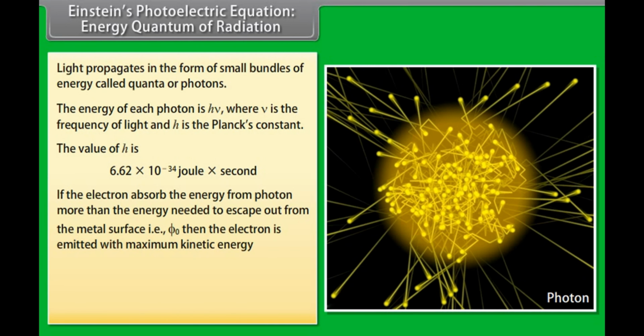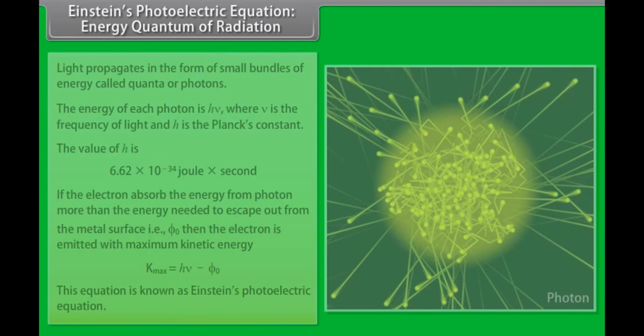If the electron absorbs energy from a photon more than the energy needed to escape from the metal surface, that is phi0, then the electron is emitted with maximum kinetic energy Kmax, which is equal to h nu minus phi0. This equation is known as Einstein's photoelectric equation.